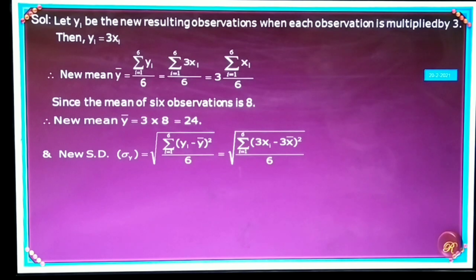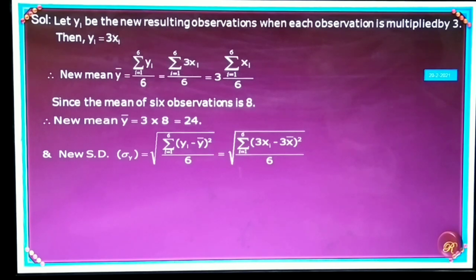Is equal to square root of summation of (yi is 3xi minus y bar is 3x bar) whole square divided by 6. You can keep as it is.